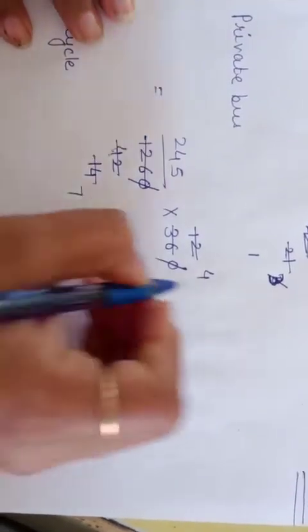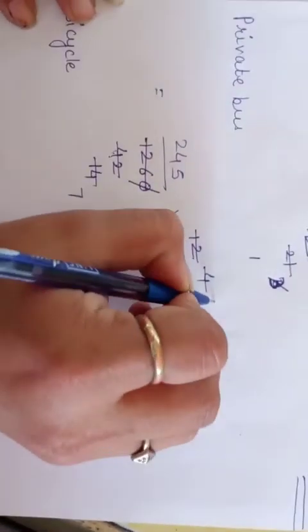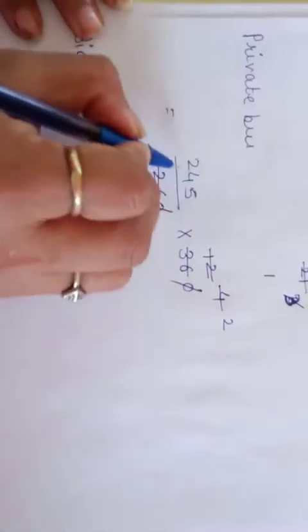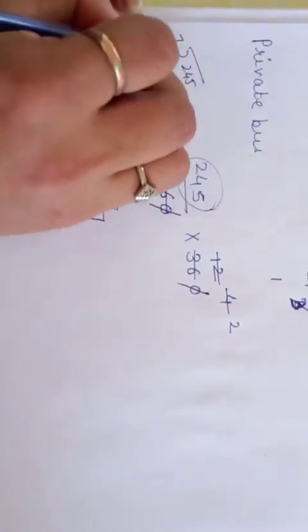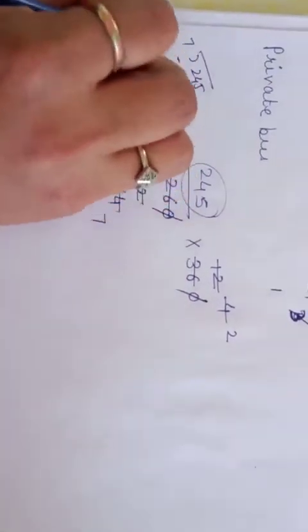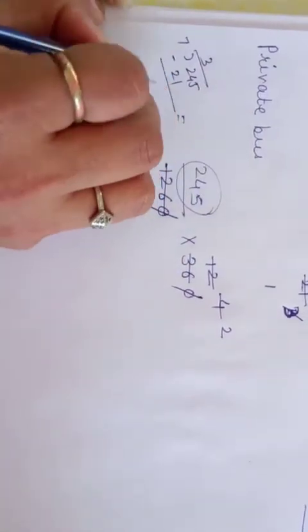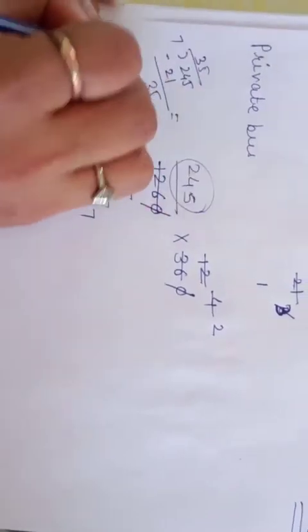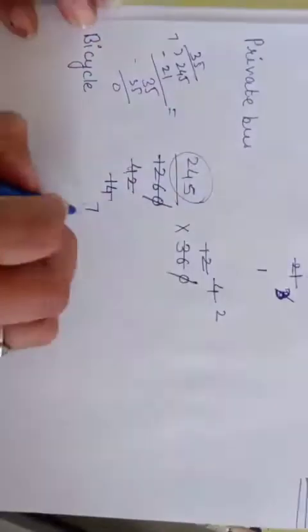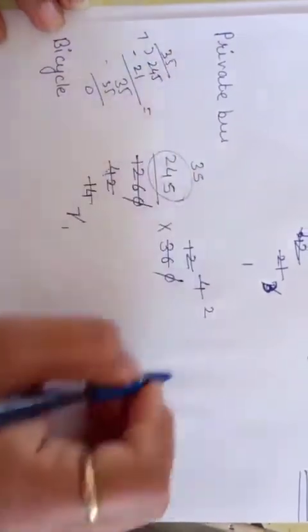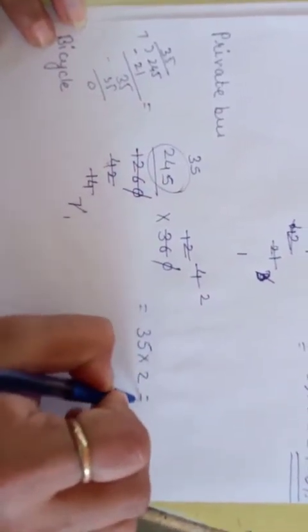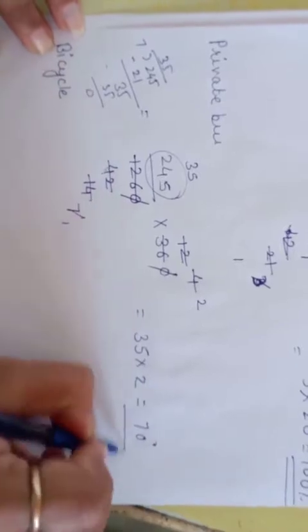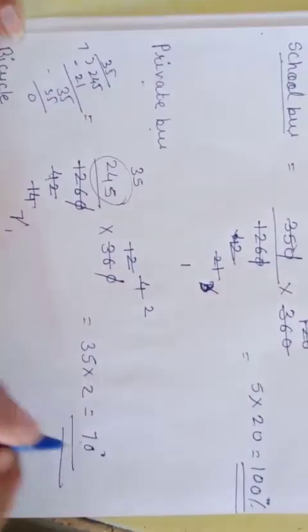Now this will be 7 and this will be 2. Now we will divide 245 by 7. So what is the answer? 21. Here we get 3. 35. Here we get 5. So this will be 1 and this will be 35. So 35 into 2 is equal to 70. So the value of private bus is 70.